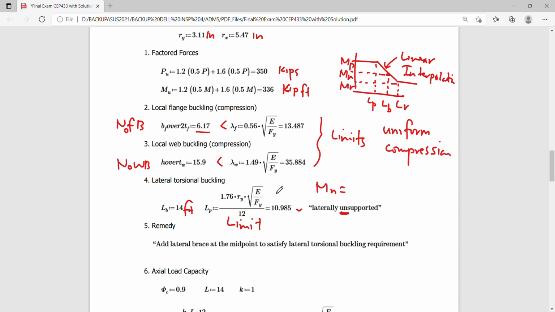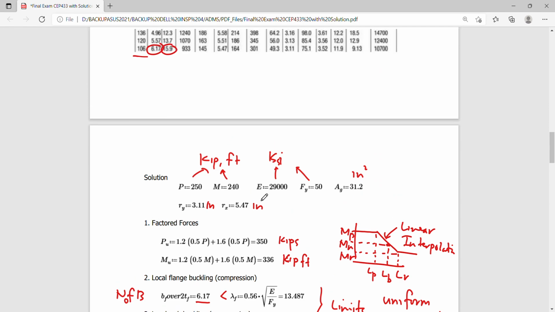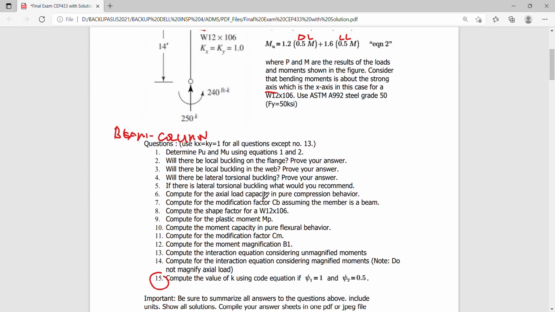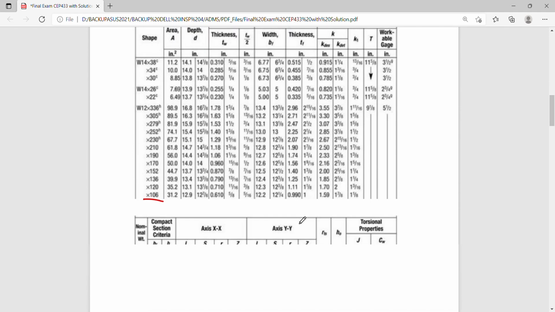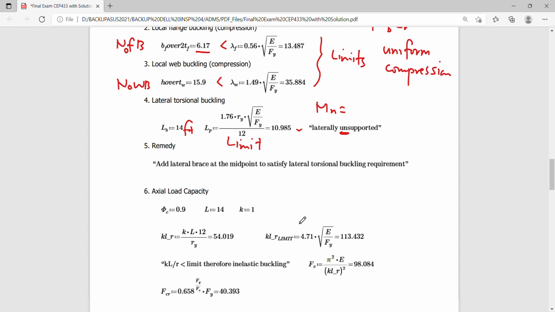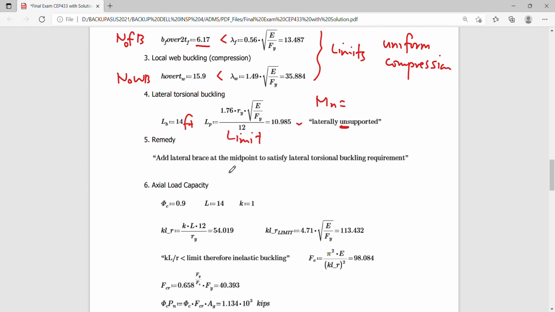But we don't need to do that because we are asked to find a remedy on question number 5. What would you recommend if there's a lateral torsional buckling? So the answer here is to simply add a lateral brace, maybe somewhere at the mid-span or exactly at the midpoint to satisfy the lateral torsional buckling requirement, meaning to say that your beam will be divided into lengths which is not greater than 10.985.